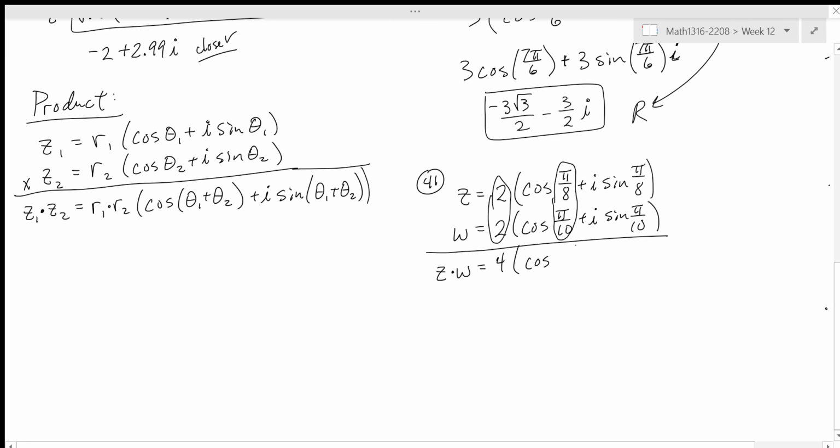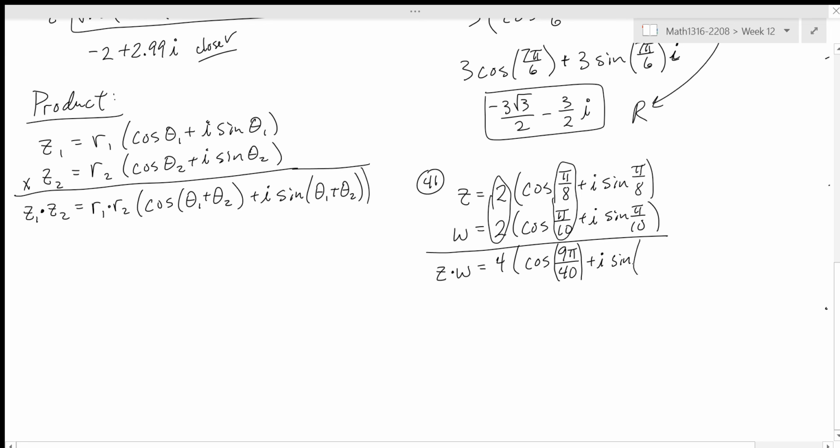9 pi over 40? Anybody else verify that? Pi over 8 plus pi over 10 is 9 pi over 40. Plus, I've got some good news for you.